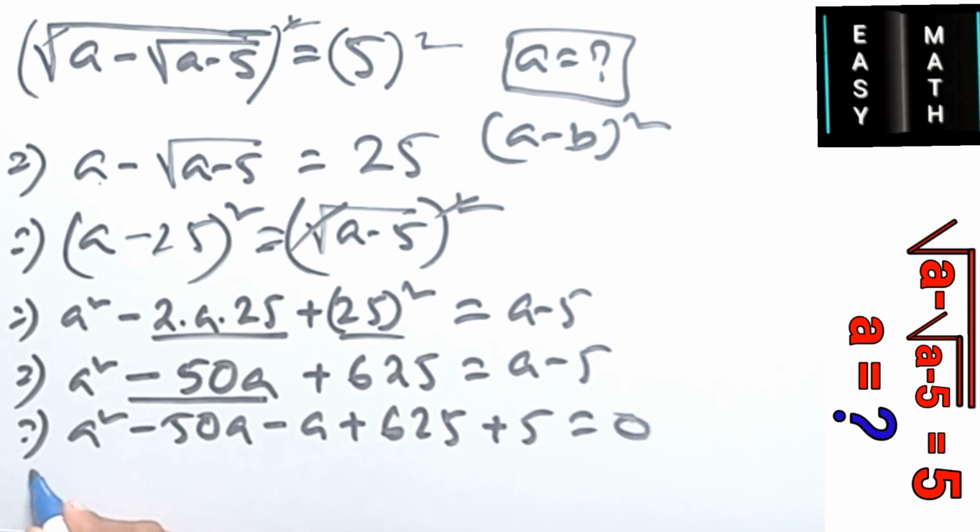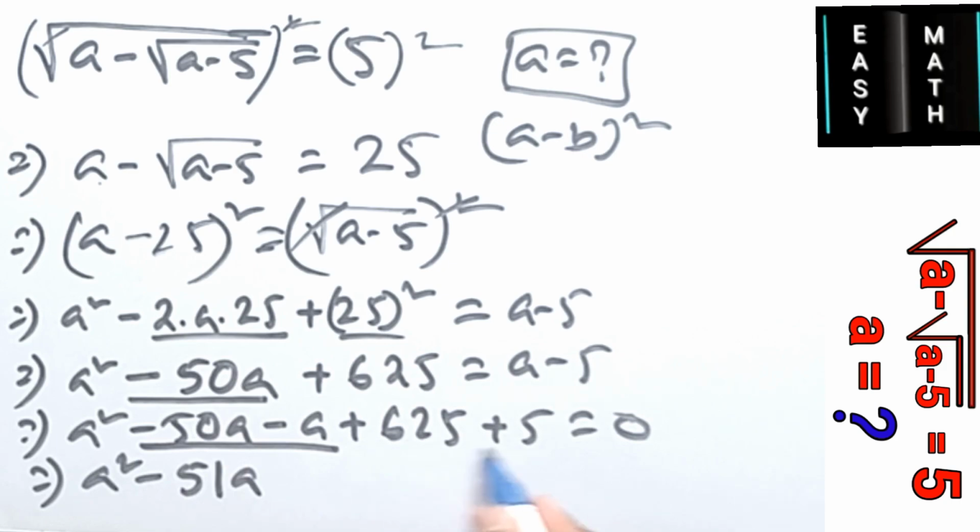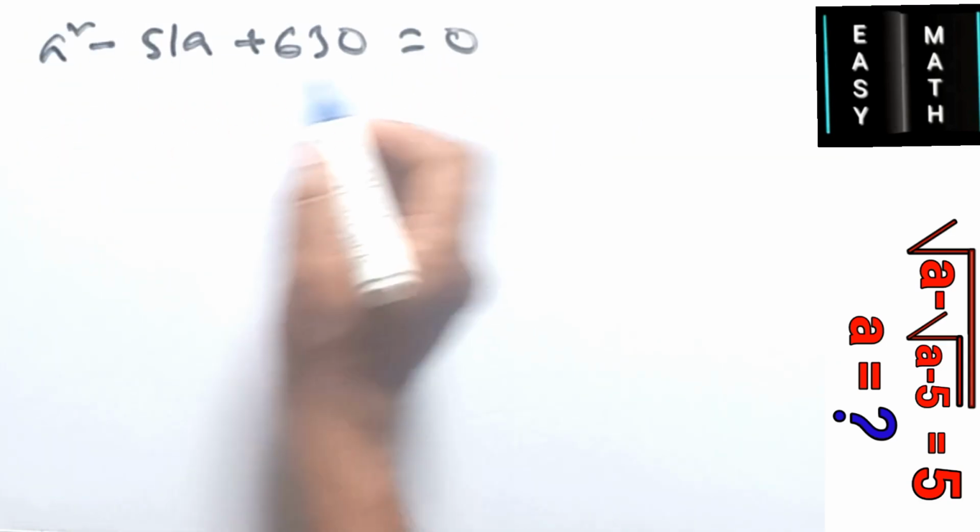So here we have a square, 51a, and 0. And this is the equation.